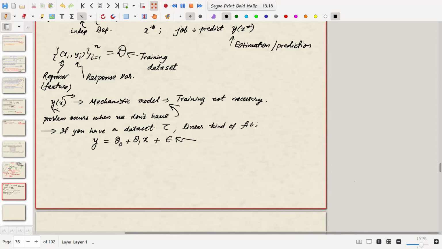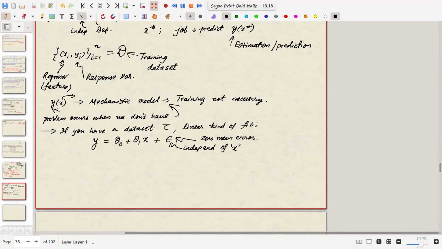If you want to show it like a real world variable, you put some noise, usually a zero mean error from a normal distribution. And this error, mind you, is independent of x. This is from the theory.